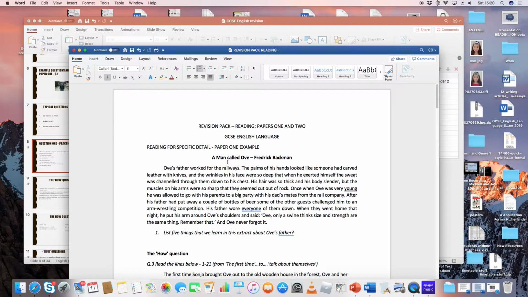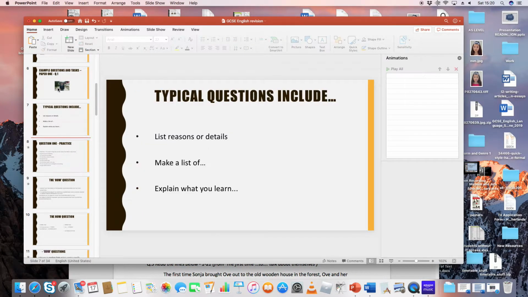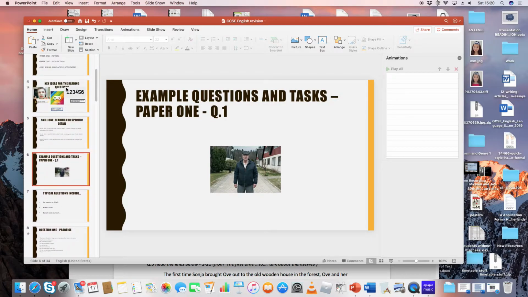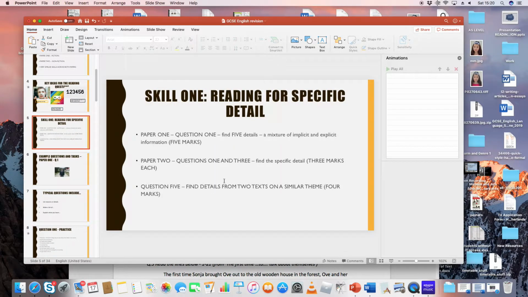Remember, for this question on paper 1, question 1, you need to be aware of that mixture of implicit and explicit information. For paper 2, it will be very straightforward. There were 2 main questions, 1 and 3, about different texts but exactly the same, and each will have 3 parts to it.